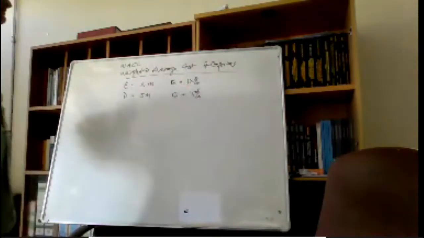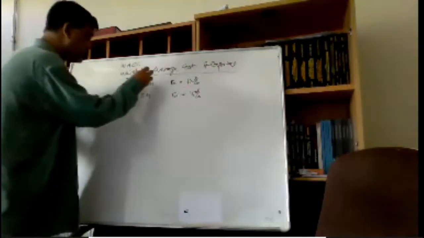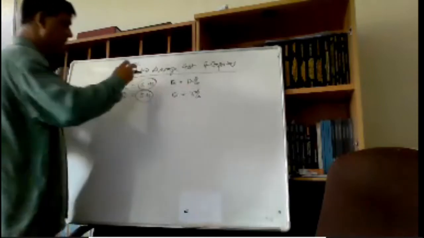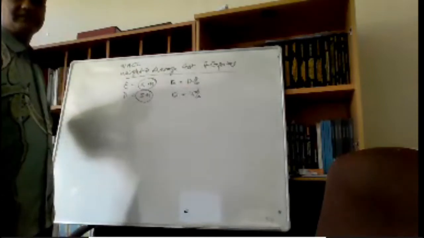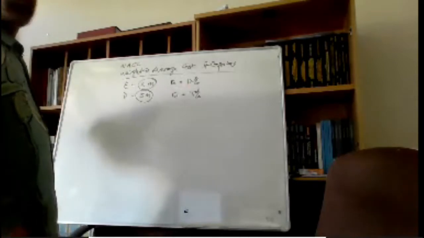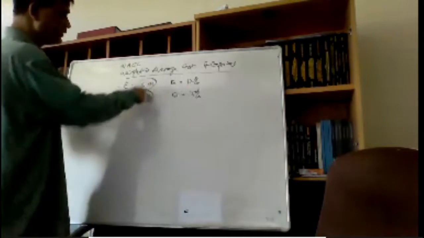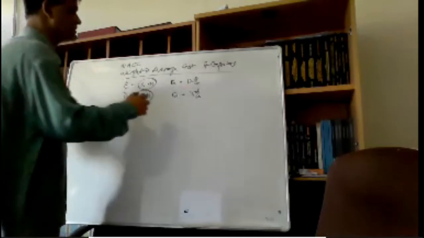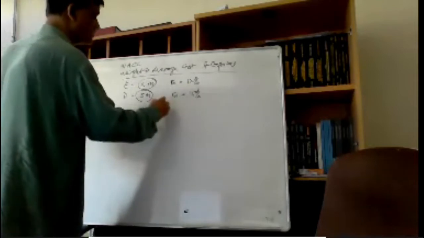So in this case, the amount that you have drawn from equity is the same as the amount you have drawn from debt. In this case, we do not have to calculate weighted average cost of capital because the weight is the same, 5 million, 5 million. You just have to calculate the average cost of capital.